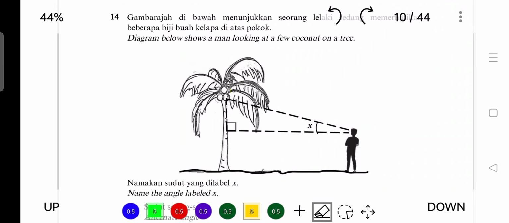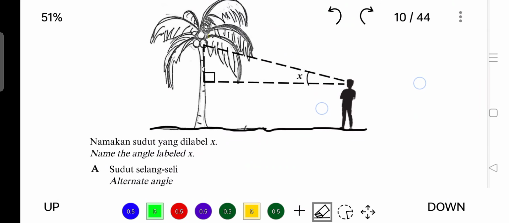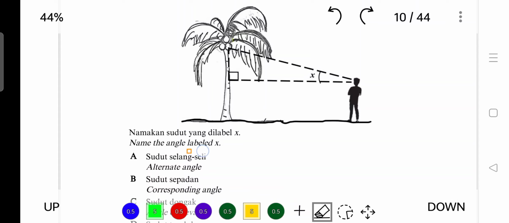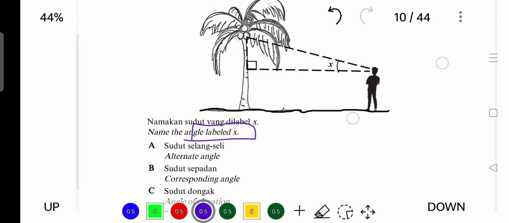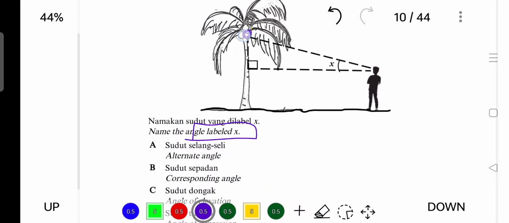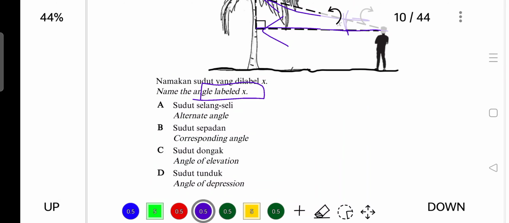Alright, the diagram below shows a man looking for a few coconuts on a tree. We are going to label the angle labeled X. You're just going to name that. Now, where is your object? Up here. Your eyes are going straight, and you are tilting your head up to look at the object. So, what angle is this?